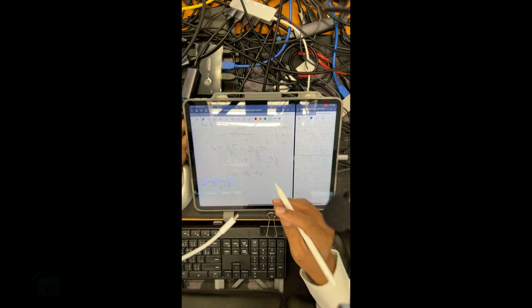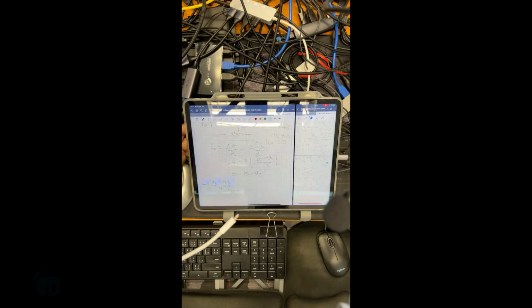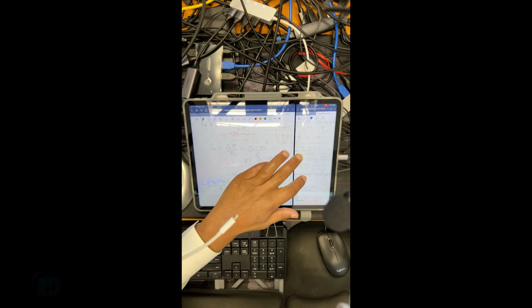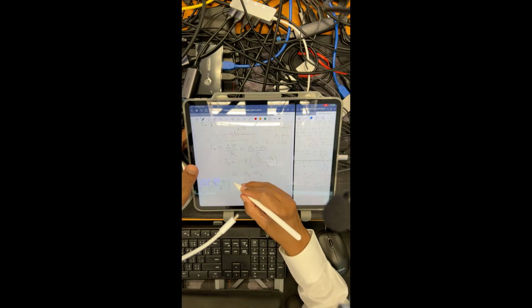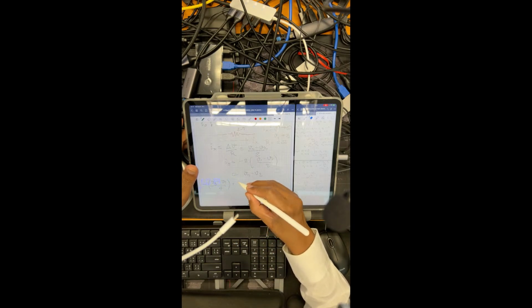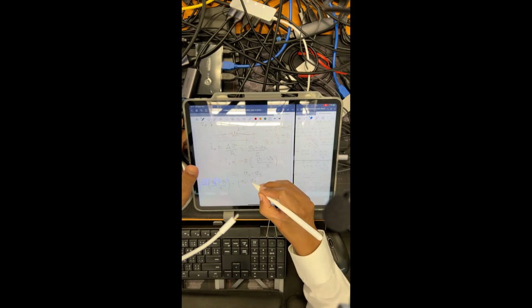Next, plus IN, which is right here: V2 minus V3 divided by 8.